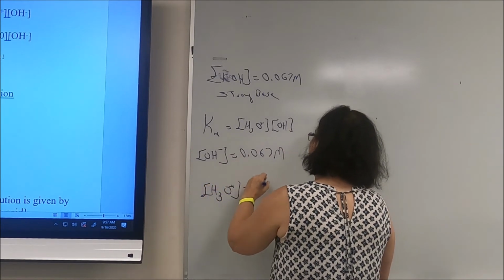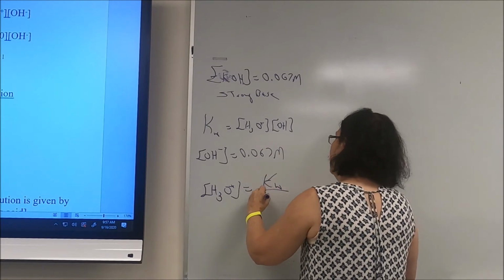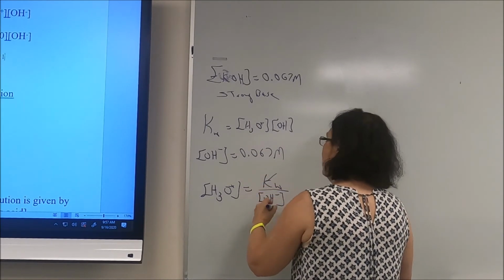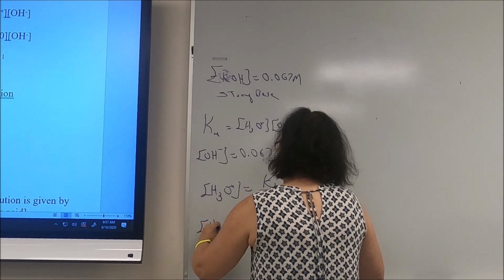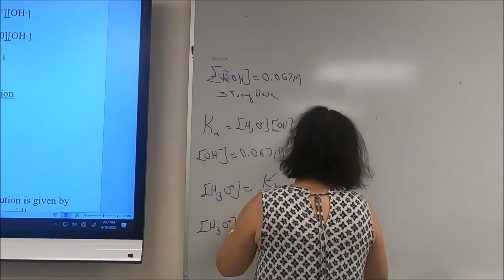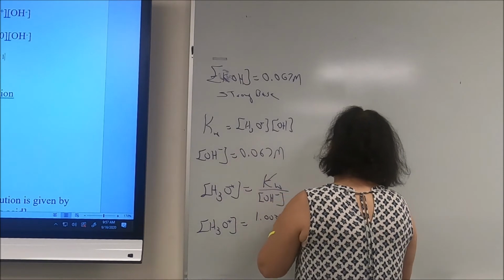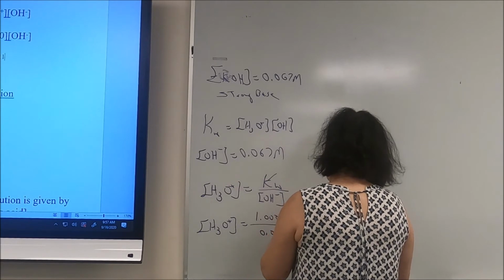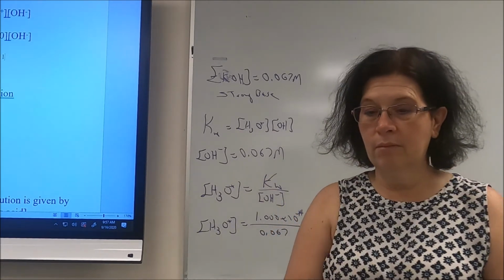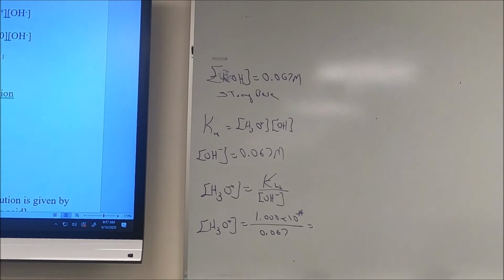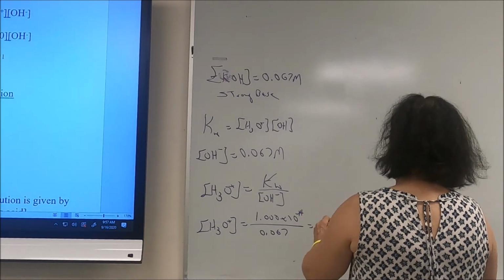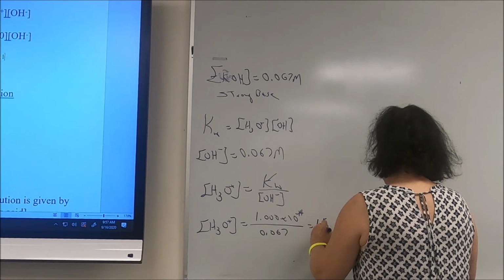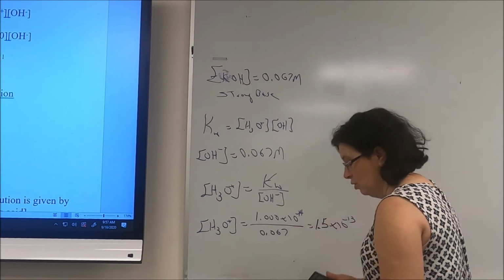Hydronium ion concentration is just going to be Kw divided by hydroxide ion concentration. So hydronium ion concentration is 1.000 times 10 to the minus 14 divided by 0.067. One exp 14 negative divided by 0.067, and I get 1.5 times 10 to the minus 13.